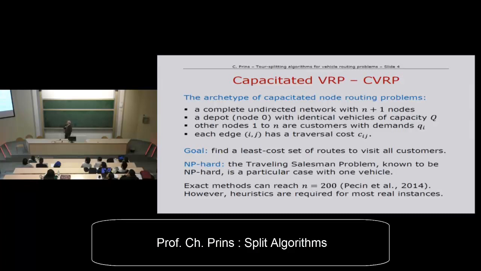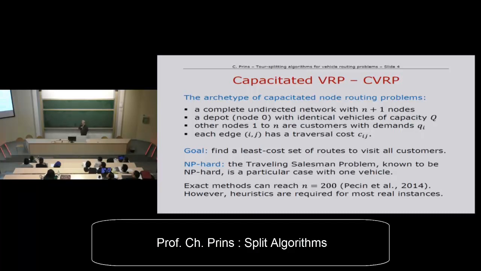The nodes include one depot, node 0 usually, with identical vehicles of capacity big Q. And the other nodes are customers with known demands qi for one product, for instance. And we give for each edge a traversal cost cij. The goal is to find a set of routes of minimum total cost to visit all customers.